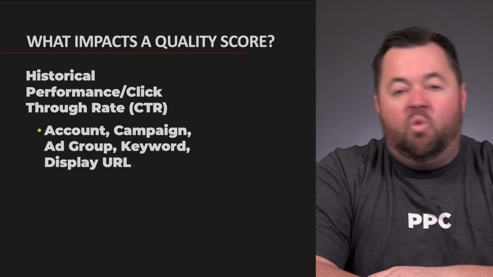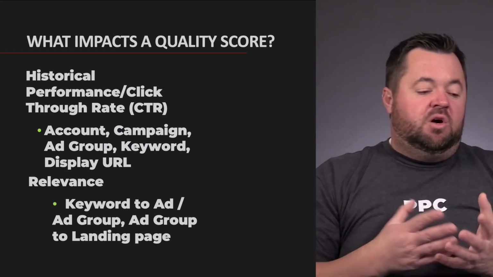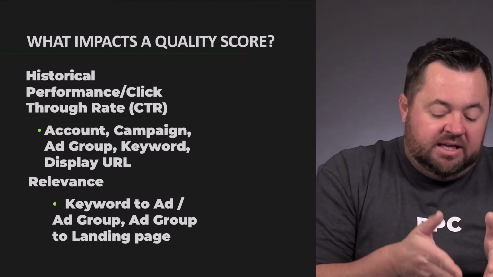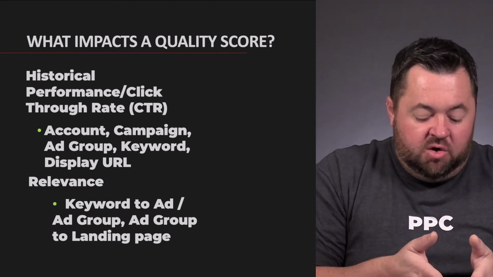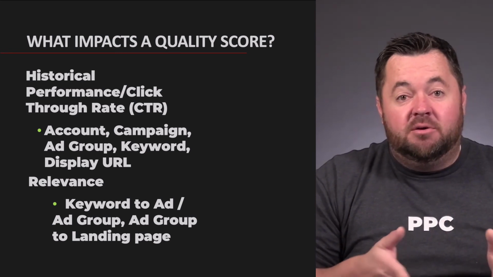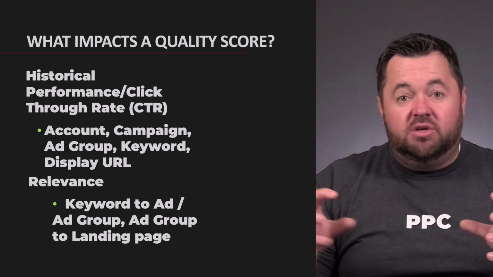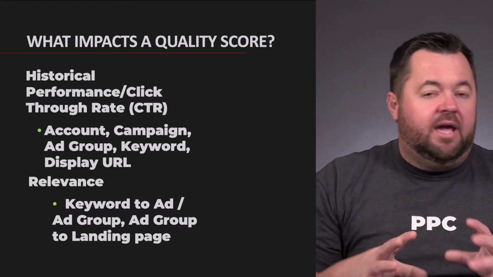So the other way that they calculate the quality score is what I mentioned before, which is relevance. And so they look specifically at the keyword. So let's say that somebody advertises for dentist near me. And then your ad says, are you looking for a dentist near you? Click here. We're located in your area.